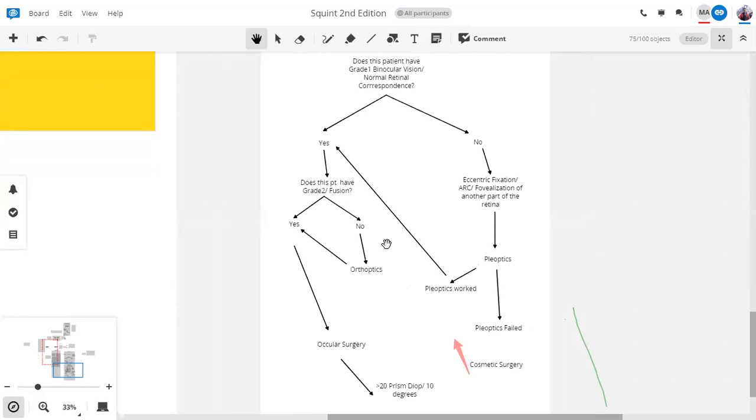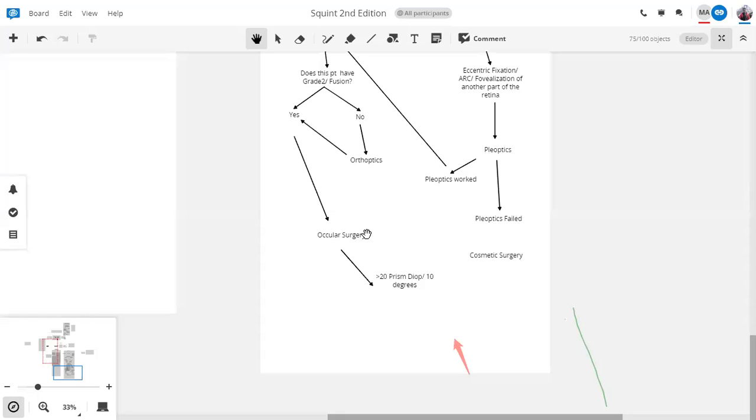These are done using a synoptophore. If orthoptics works, then we finally assess whether this patient is a candidate for surgery or not. After assessing that, we will perform surgery, or we will just continue with our normal treatment if everything is going according to plan and everything is going well.